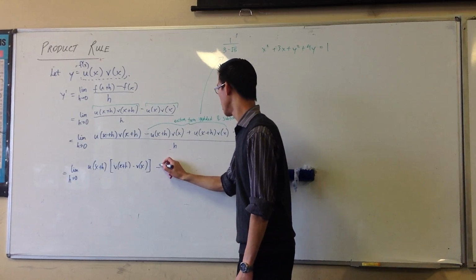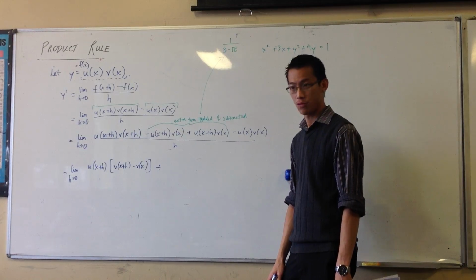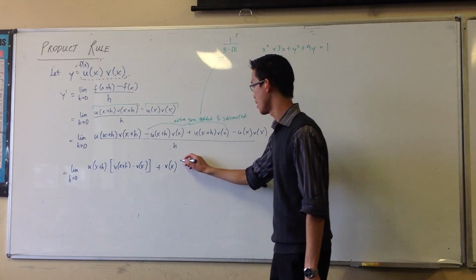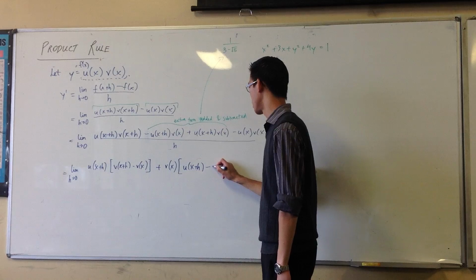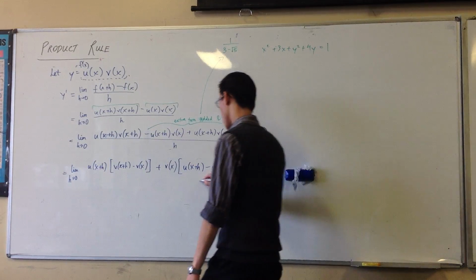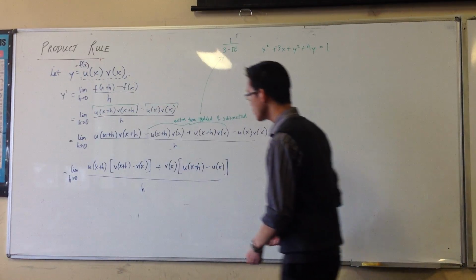Over here, the common factor is just v of x, so there it is out the front. And what I've got in the brackets is u of x plus h minus u of x, all over h. Okay, happy so far?